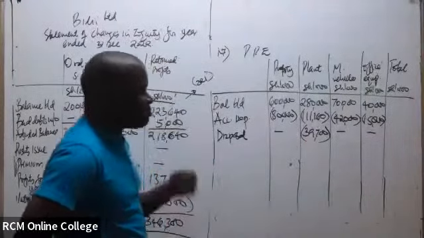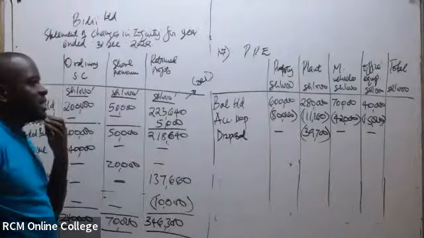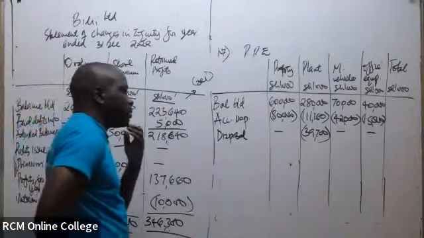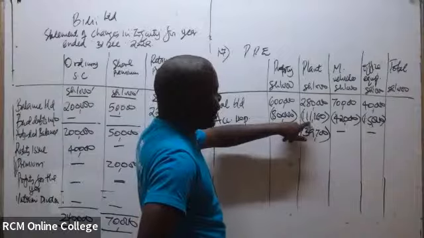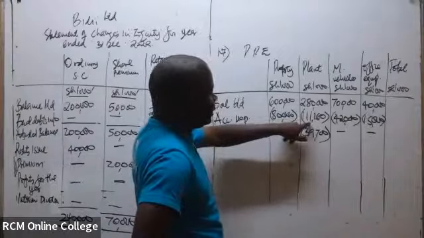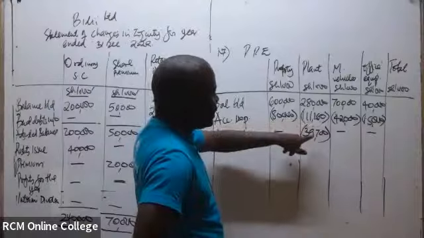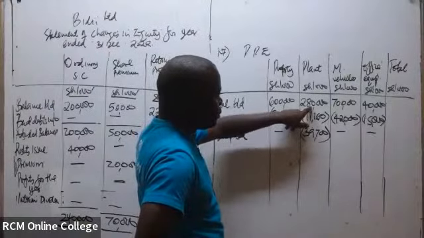up having to add back the depreciation that was actually disposed. Because remember, this is basically the depreciation for the entire items of plant. But now there was an item which was disposed of from the cost.